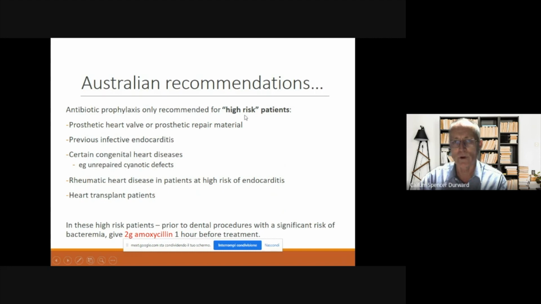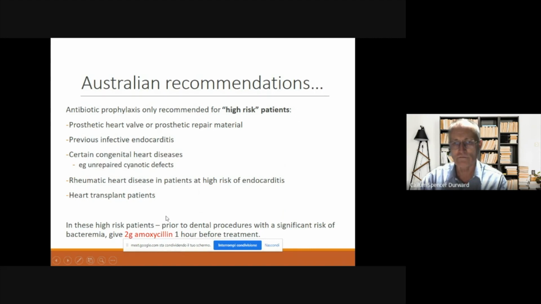They recommend antibiotic prophylaxis in high-risk patients who, for example, have a prosthetic heart valve or prosthetic repair material, or patients with previous infective endocarditis, or patients with certain congenital heart diseases such as unrepaired cyanotic defects, or if there's a history of rheumatic heart disease and they're in the high risk of endocarditis group, or heart transplant patients.